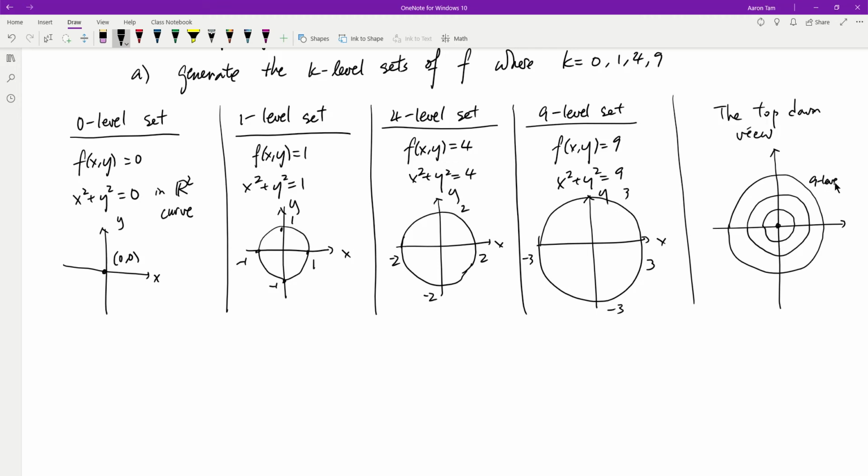With this being the 9 level set, this being the 4 level set, this being the 1 level set, and then you have the 0 level set. Okay?